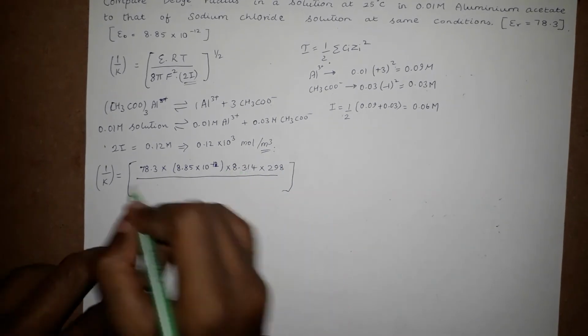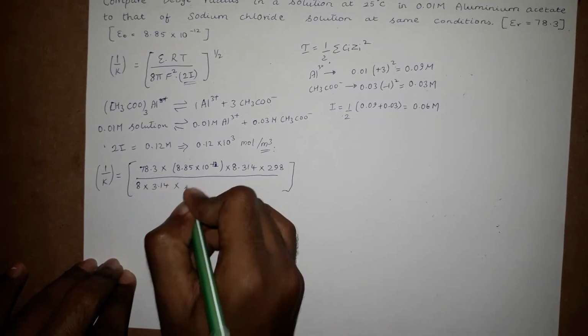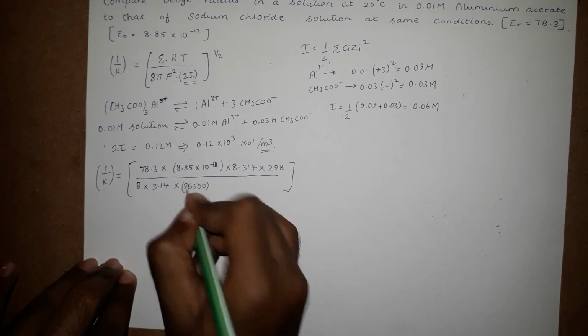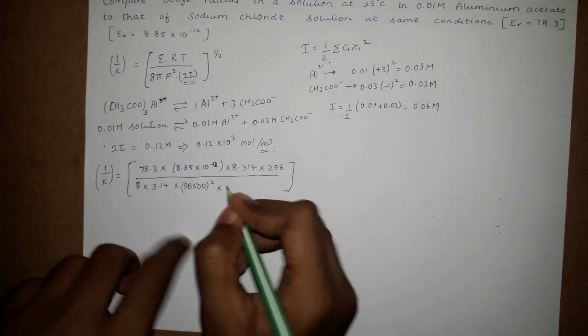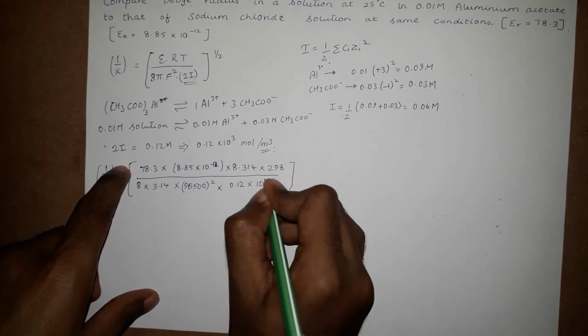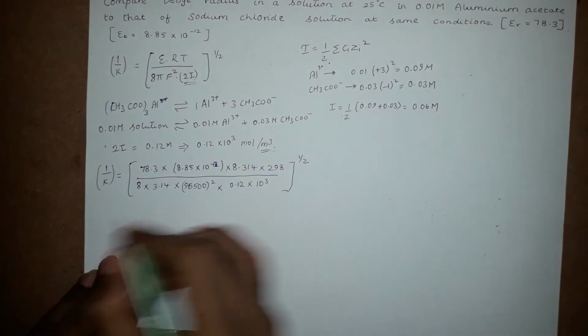This forms the numerator. Denominator is 8 into 3.14 times 96500 whole square times 2I. 2I is 0.12 into 10 raised to the power 3. So the whole term is raised to the power 1 by 2.